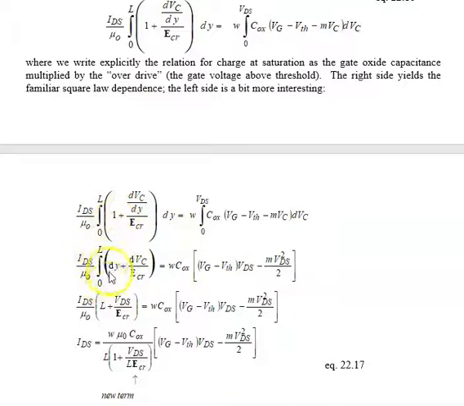This is just 0 to L, so this is just L, plus the integral of this term, which is 0 for the lower limit, and VDS, now not L, but rather VDS at the upper limit. So now we have IDS equal to the same exact expression here, but a new term right here.